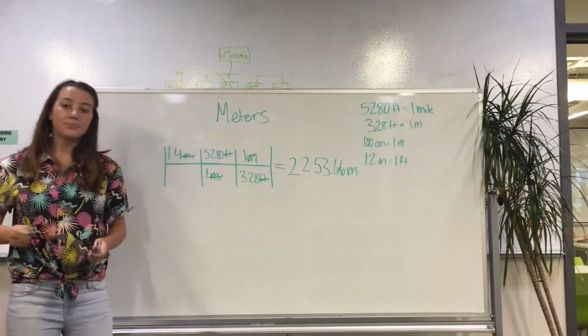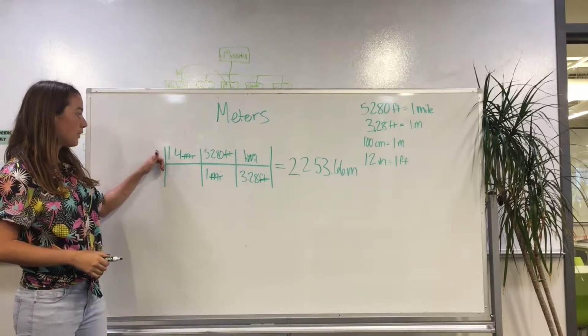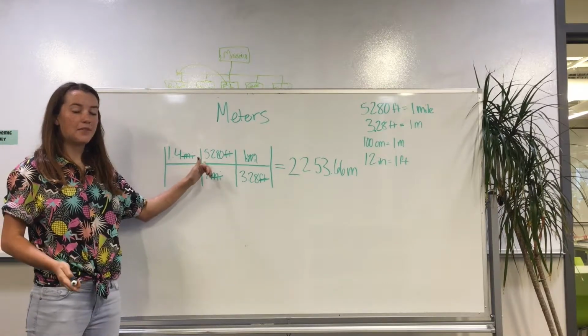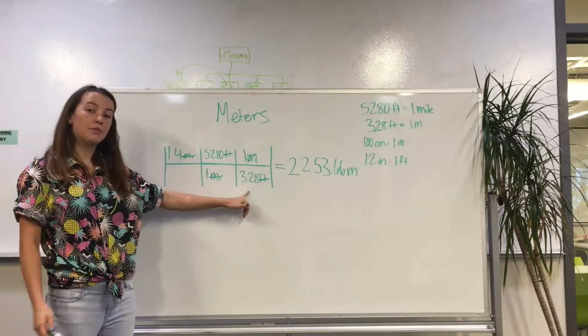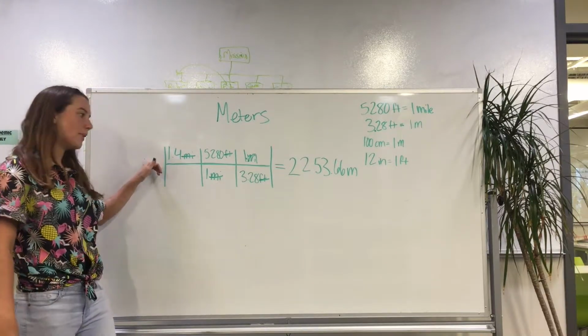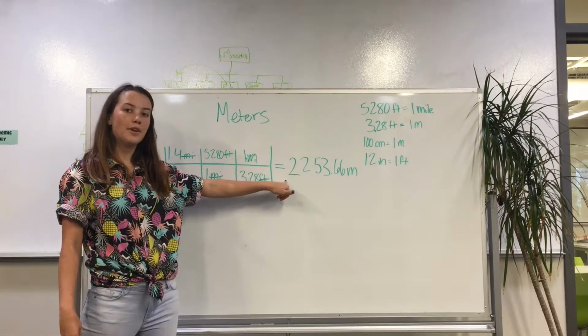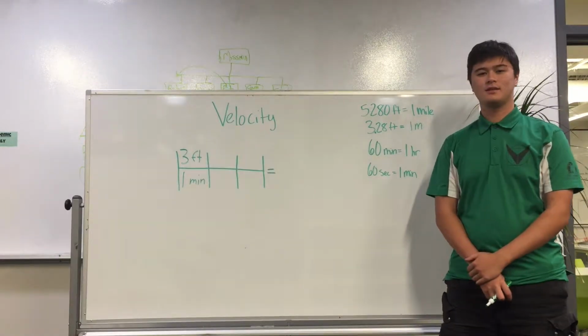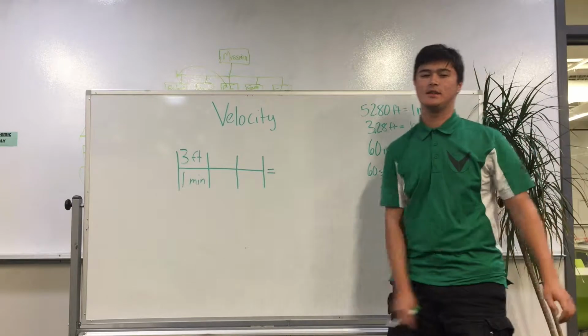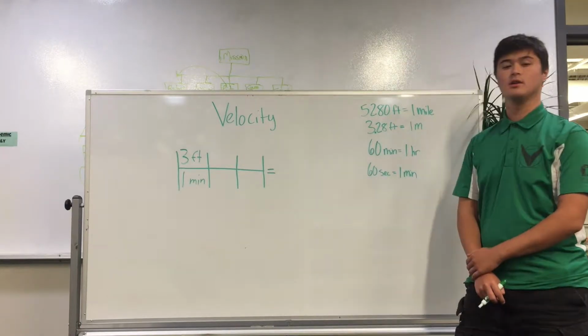And when we multiply 1.4 times 5,280 and divide this number by 3.28, we get that in 1.4 miles, there are 2,253.66 meters.